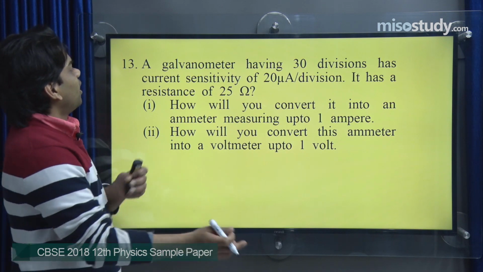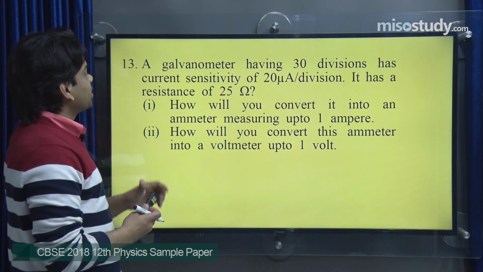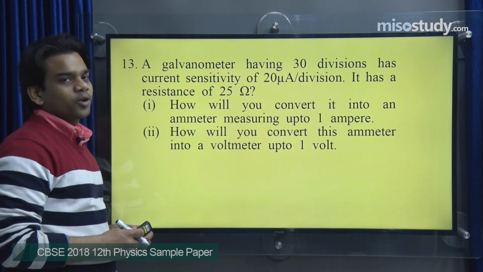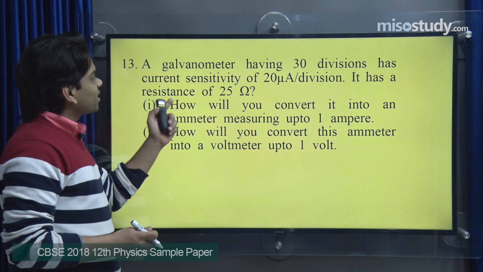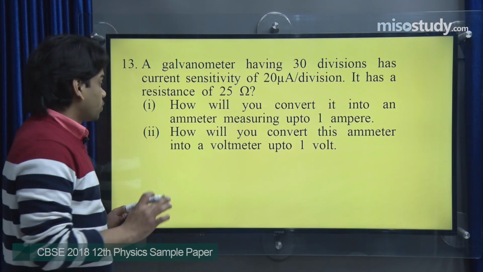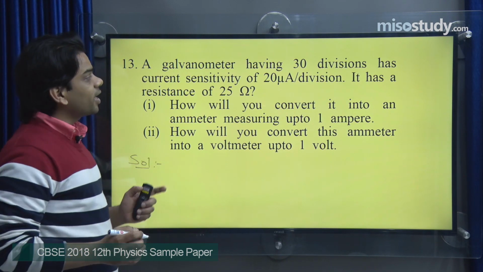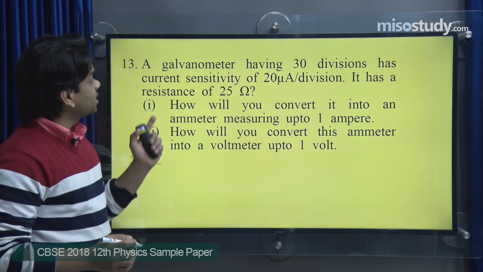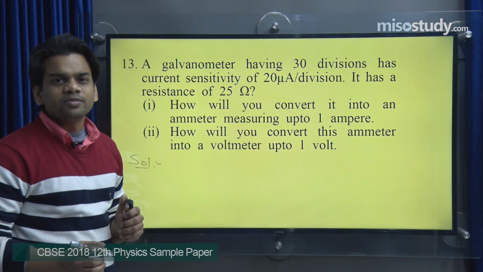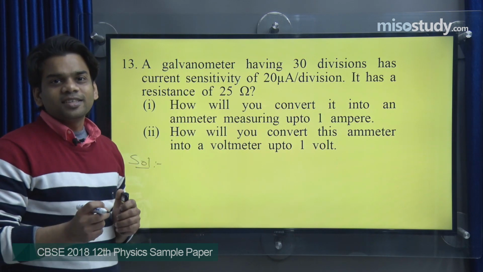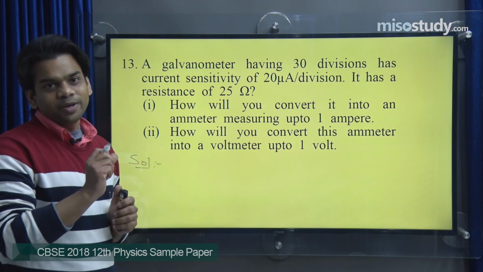Here you see, a galvanometer having 30 divisions had current sensitivity of 20 microampere per division. It has a resistance of 25 ohm. First of all, let me write the basic things. It's given here current sensitivity of 20 microampere per division. Now see, each division can measure up till 20 microampere.